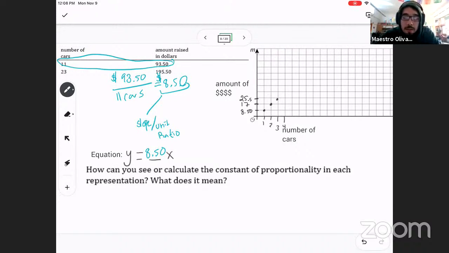Three cars is $25.50. We can keep graphing, but if you have enough points, go ahead and connect them. Our unit ratio is $8.50. The cost goes up by $8.50 for one car.